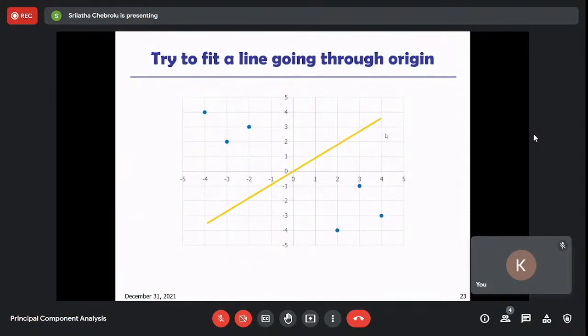Initially we will be starting with a random line, and this random line is passing through the origin, right? And now you have to rotate the line such that the sum of the squares of the distances will be minimum.